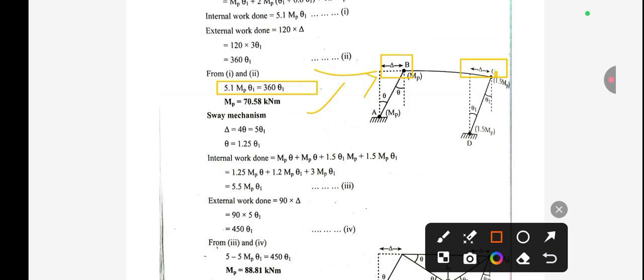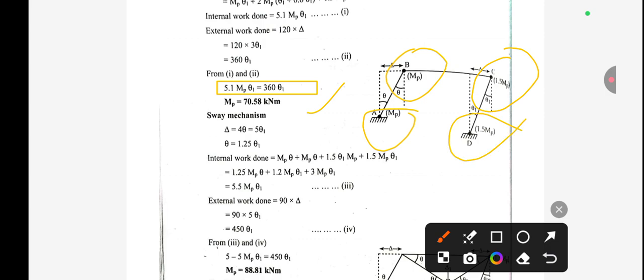Similarly for this point C, we have two different angles, that is theta 1 and this will be theta 1. Okay. And similarly the value of MP can be taken for this MP, this is for 1.5. Okay. And this for A is MP and this is for 1.5 MP. So as I already said, whenever there are two members, then we have to take the lesser value of MP.